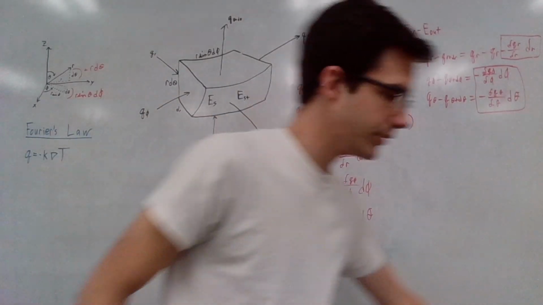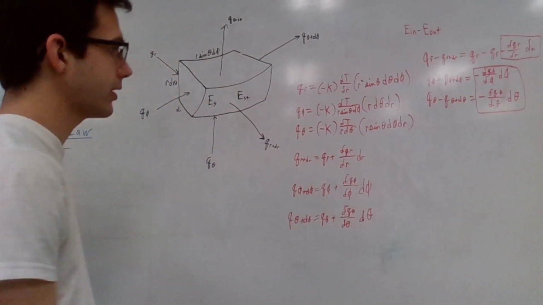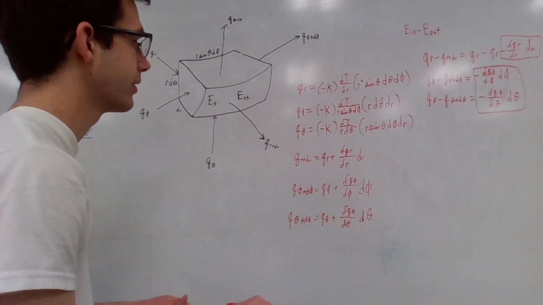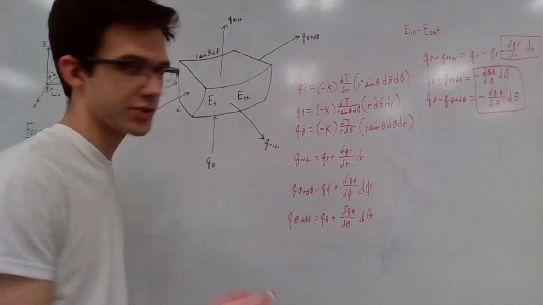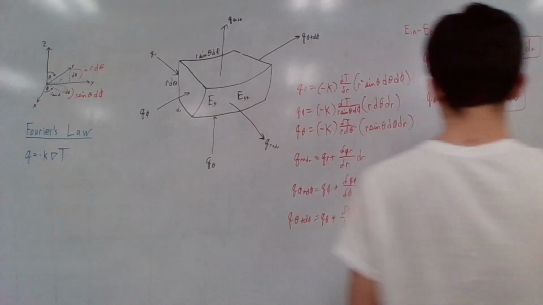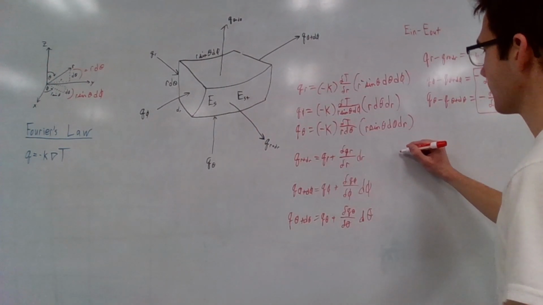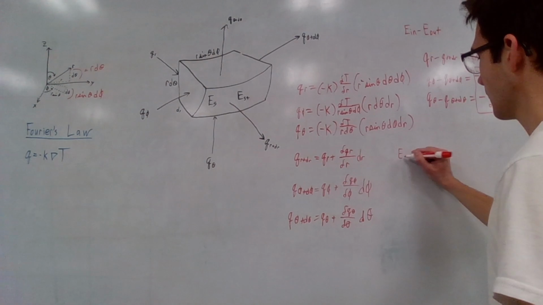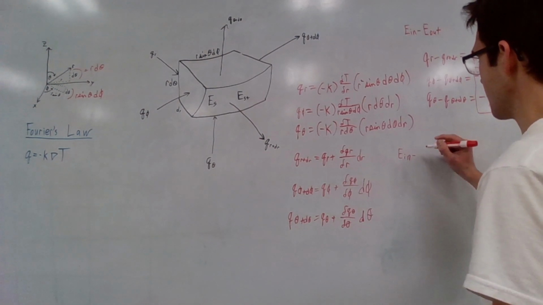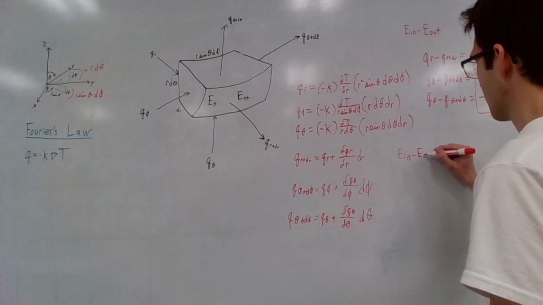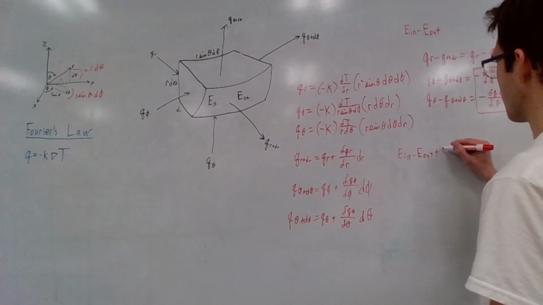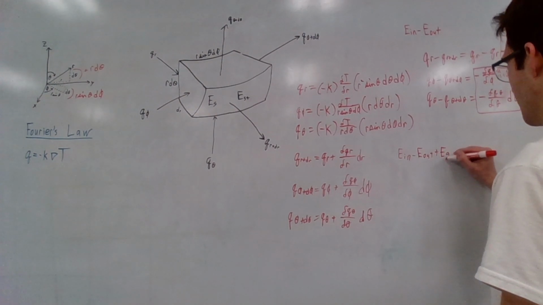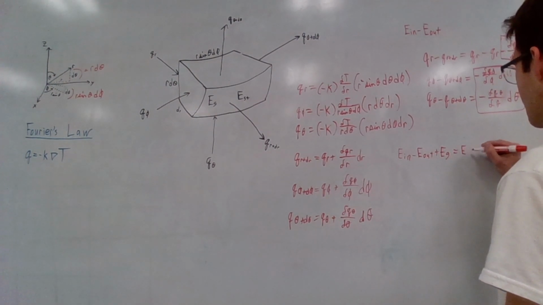All right, so what I want to do right now then is start putting all of our terms together here. So let's go ahead and write out the rest of our energy conservation equation here. All right, so we have energy going in minus some energy coming out, which we just defined, plus an energy generation term is going to be equal to the energy storage term.